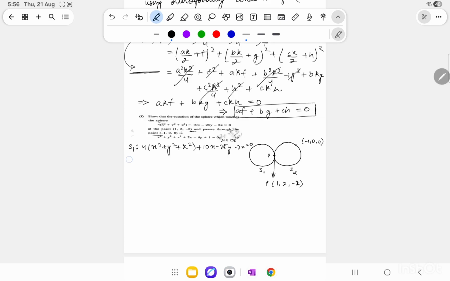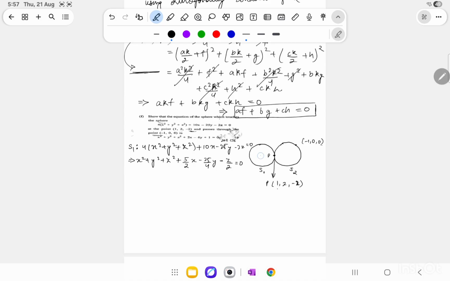So if I simplify it, I will get x square plus y square plus z square plus 10 by 4, which is 5 by 2 x, minus 25 by 4 y, minus z by 2 equals 0. So this is the equation of the sphere, and we are supposed to find the equation of sphere S2 which is touching sphere S1 at point P, and also sphere S2 is passing via (-1, 0, 0).